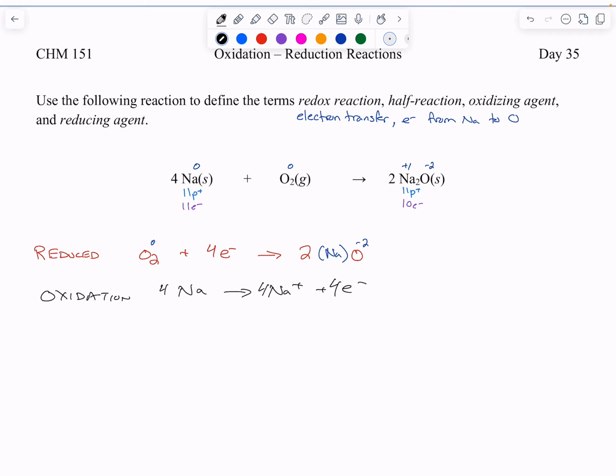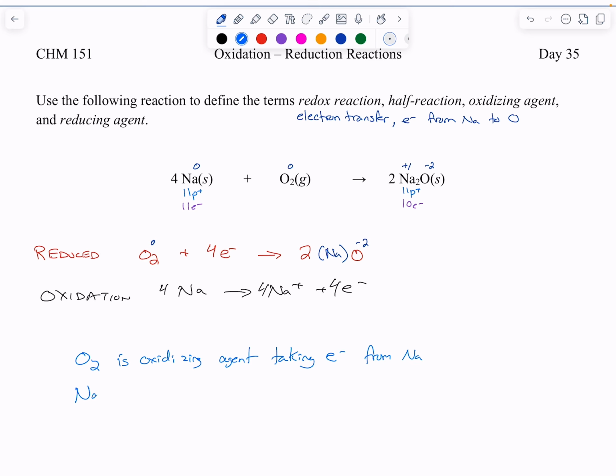So that means, what is the oxidizing agent? O2 is the oxidizing agent, right? So O2 is the oxidizing agent, if I can spell today, taking electrons from sodium.